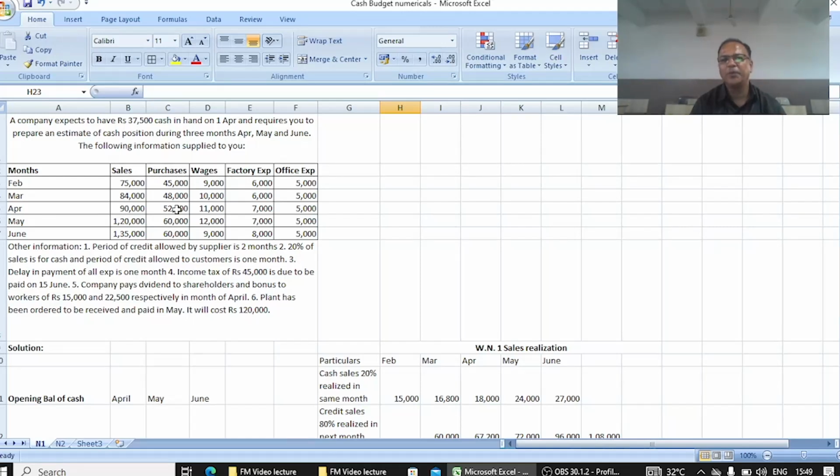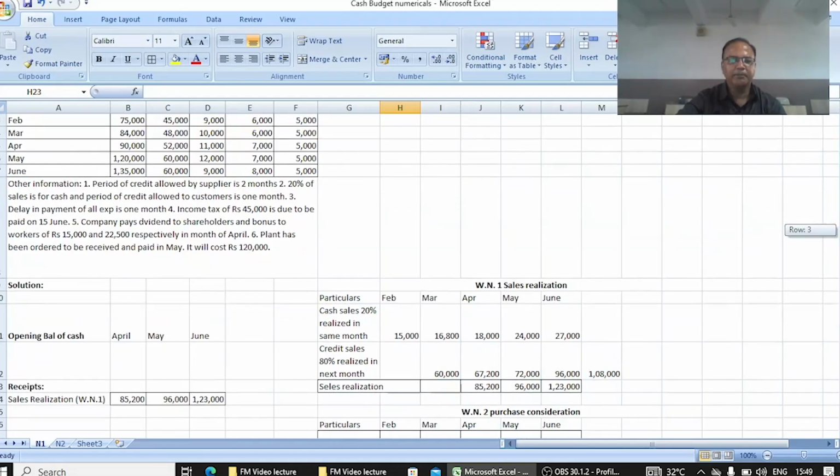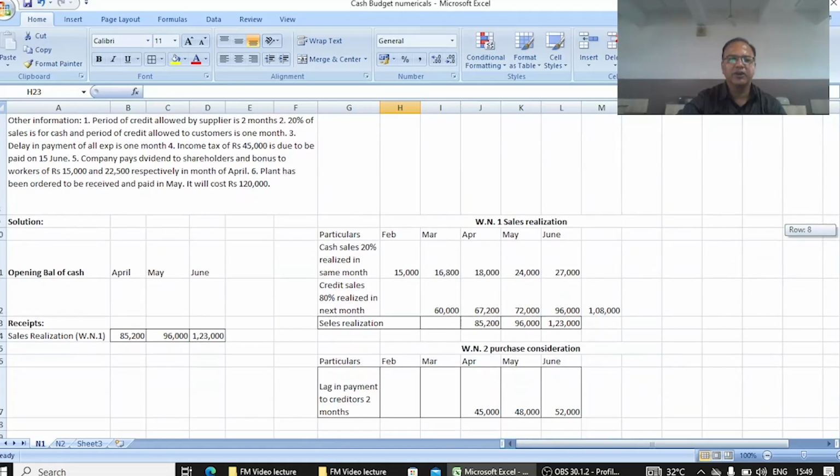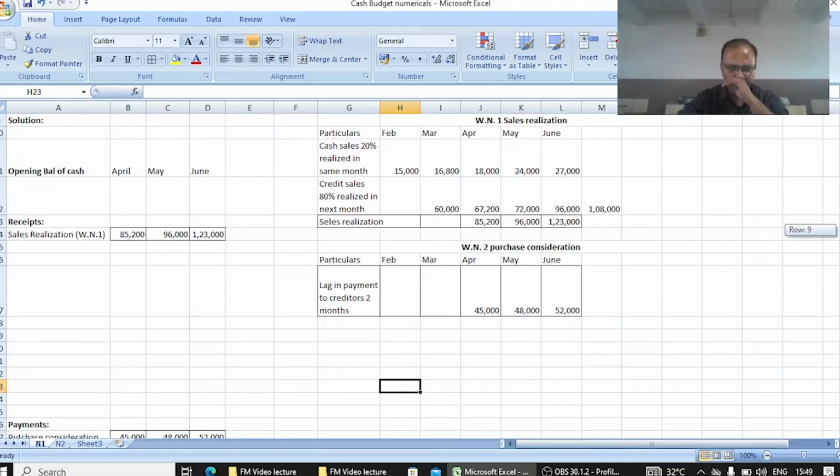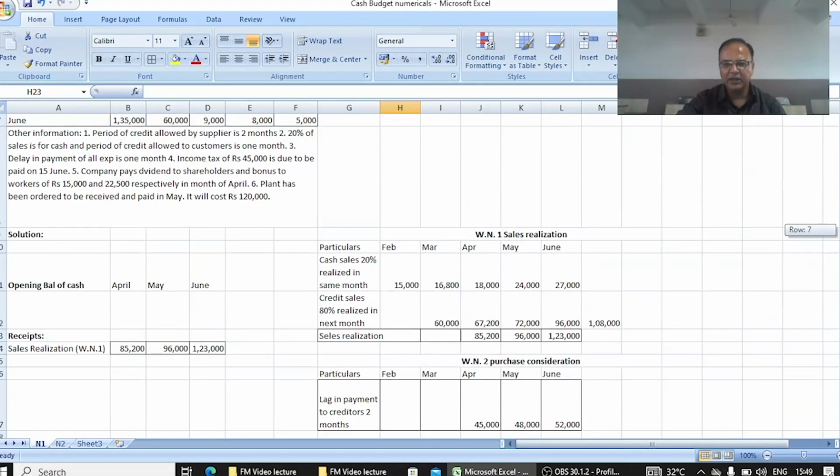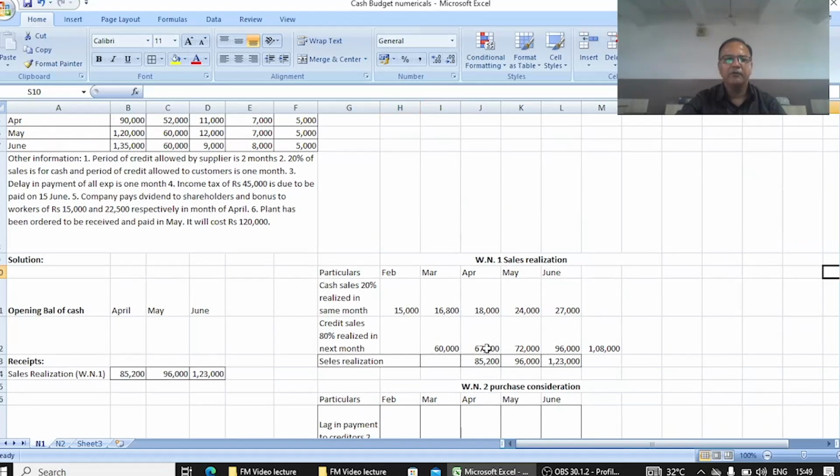But whenever we have to prepare cash budget, it will be recorded in month of April because actually you are paying in month of April, not in the month of January. So, because we are preparing all working notes on the basis of receipt and payment method, now I think it should be very much clear to all of you.